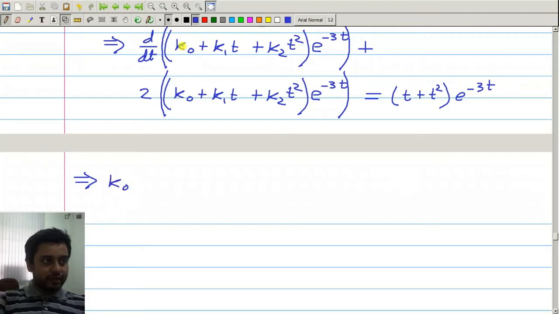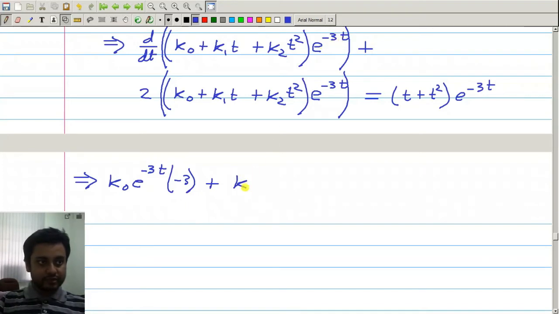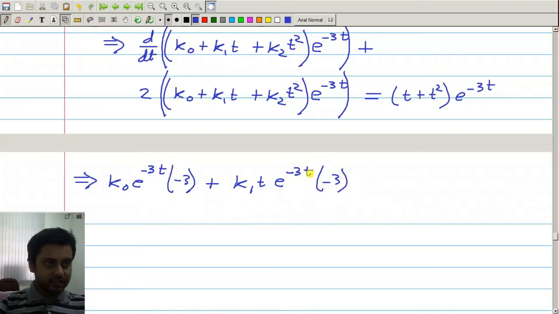We shall have, if I differentiate k0 e to the power minus 3t, we will get k0 e to the power minus 3t multiplied by minus 3 plus, now differentiate k1t multiplied by e to the power minus 3t, that will give k1t e to the power minus 3t multiplied by minus 3 plus another term k1.